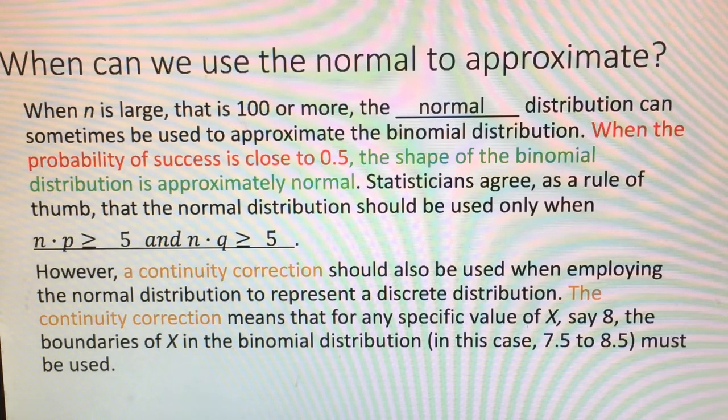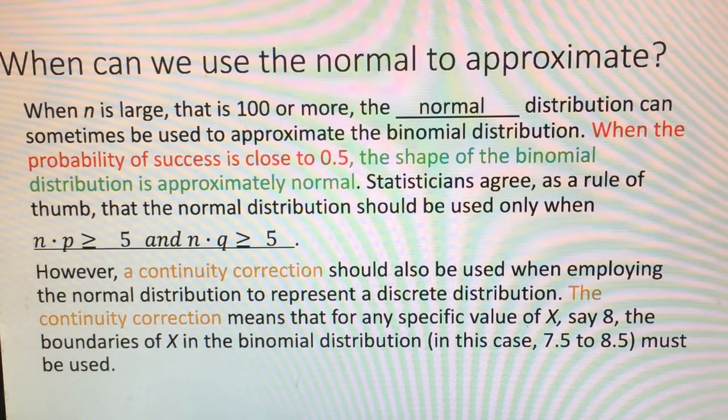So we're using the normal distribution to represent a binomial distribution. And remember, discrete means there's nothing in between the values. It's like countable for discrete. So when we're using the normal, we have to use a continuity correction to correct for the binomial being discrete.